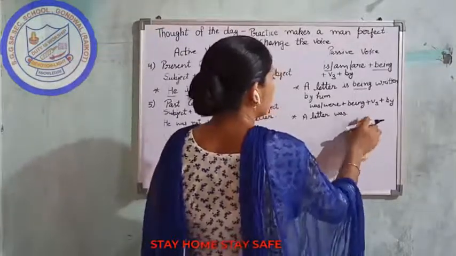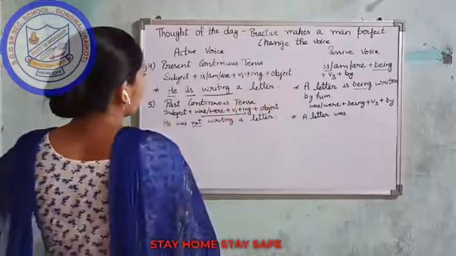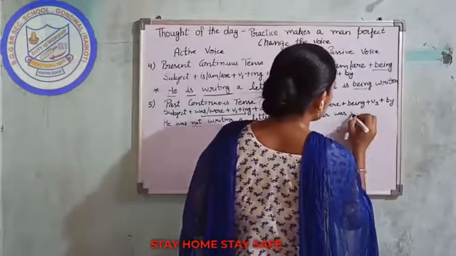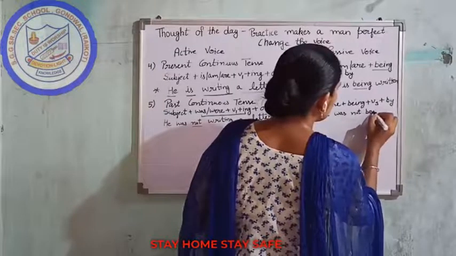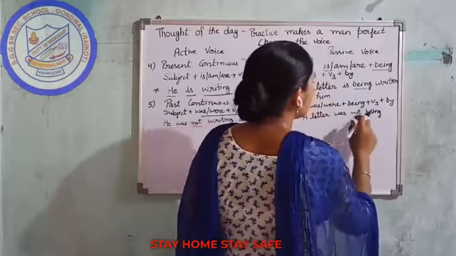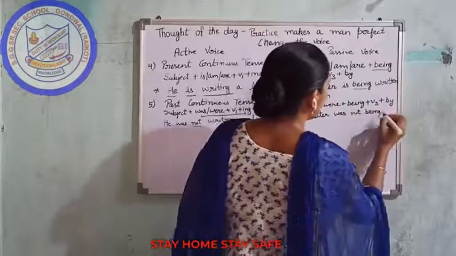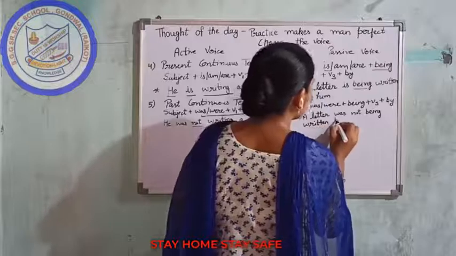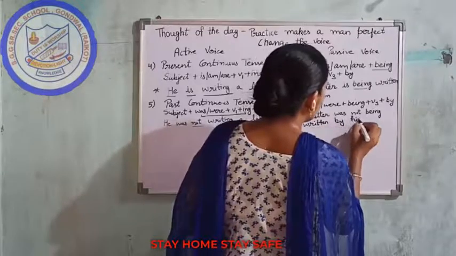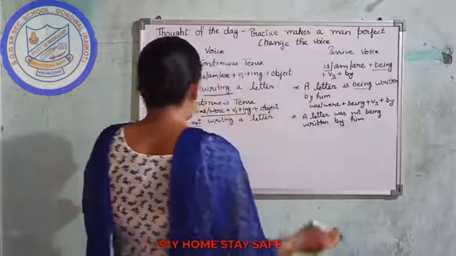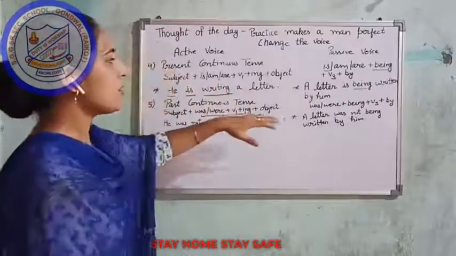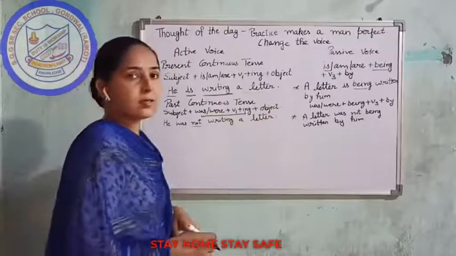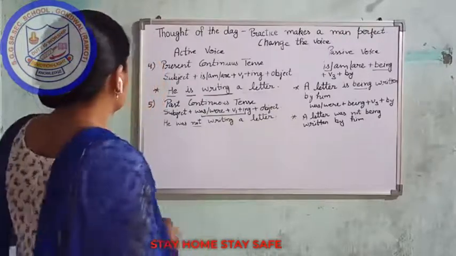If there is any negative form, then we will put it between helping verb and being. A letter was not being, B3, written. Written by him. Is it simple? Yes, a letter was not being written by him. Have you understood, students? Okay, good.